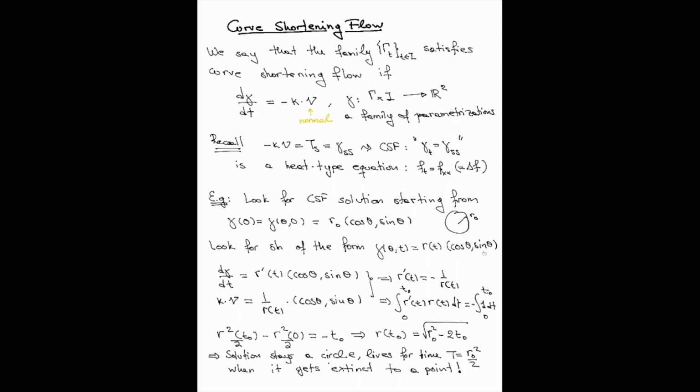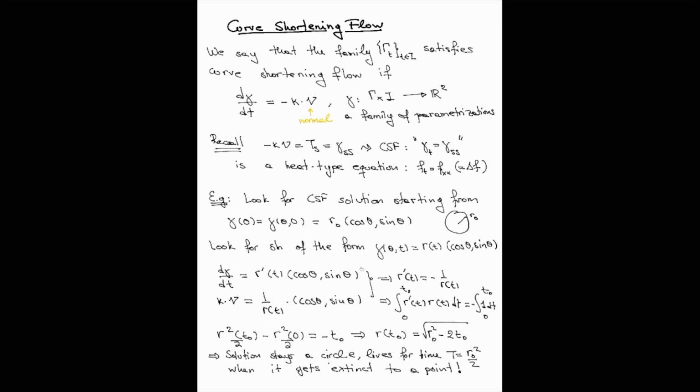This is a very good guess because in general, when you have an equation, you will want to preserve the symmetries. Particularly with curve shortening flow, and in general with mean curvature flow, a lot of symmetries are preserved. So let's try to do this. You put in this guess solution, and you want to determine r.